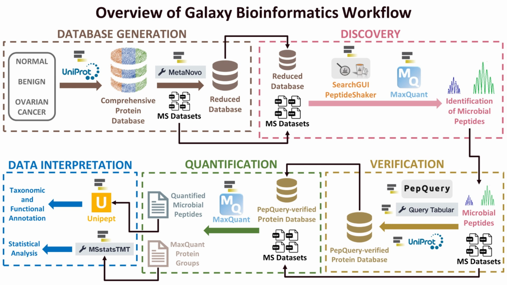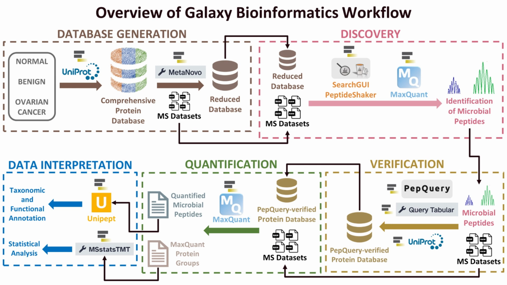In the first module, database generation, we want to obtain a comprehensive protein sequence database, which would include proteins from humans, contaminants, and our various species of interest. In this example, we didn't have a reference database or information from 16S rRNA sequencing data, so we generated our own comprehensive database using a literature survey.